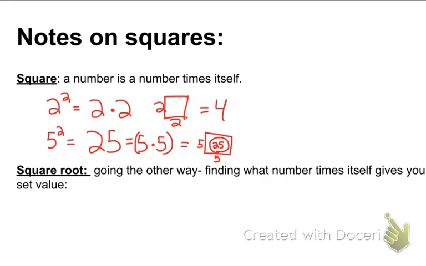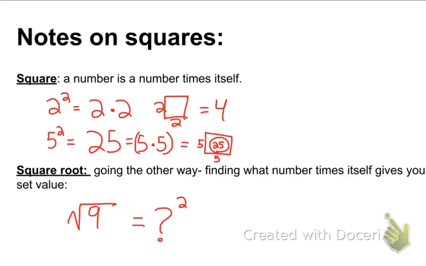Now, a square root is the exact opposite. If I've got 9 here, and I want the square root, represented by this little squiggly symbol that looks a little like a division sign but isn't, it's asking me what number times itself would give me 9.